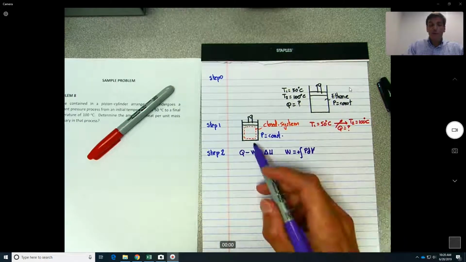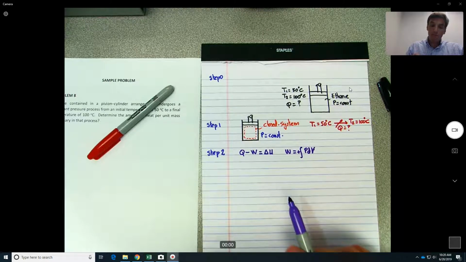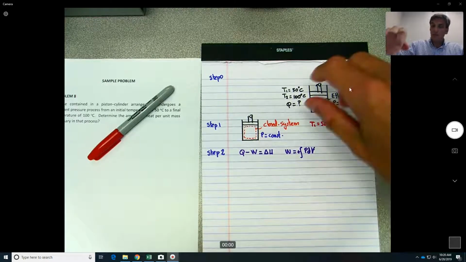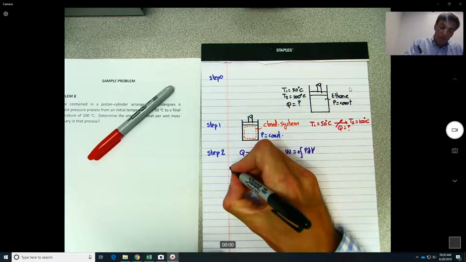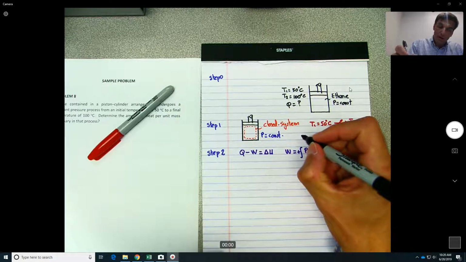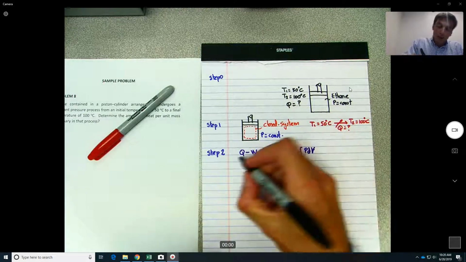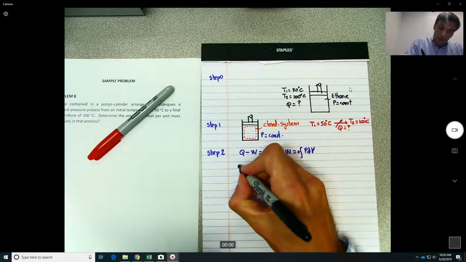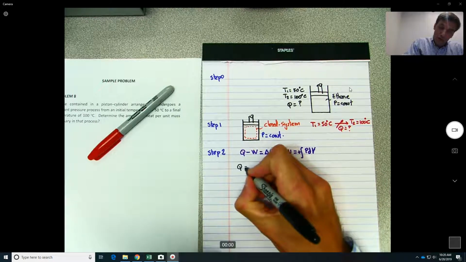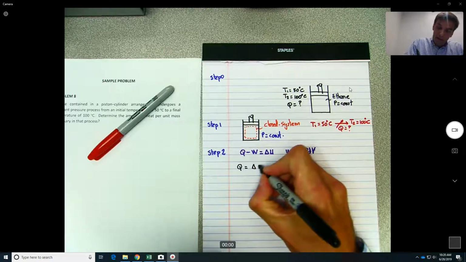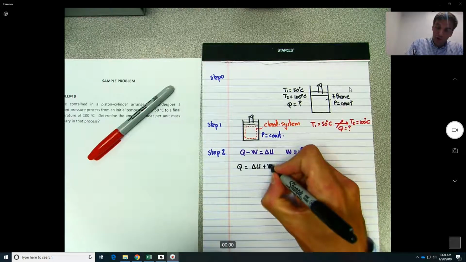So the first one, we can write down Q will be equal to delta U plus work.